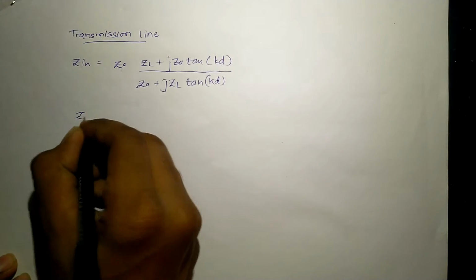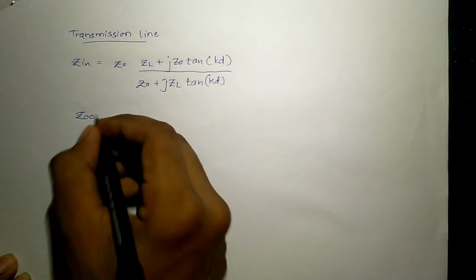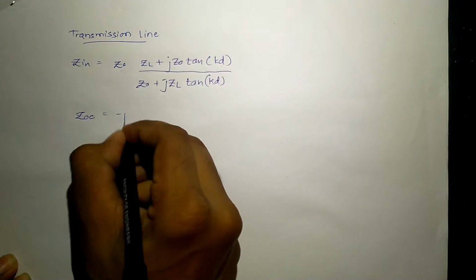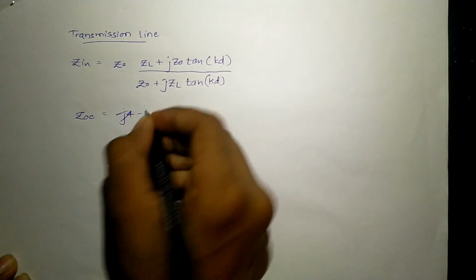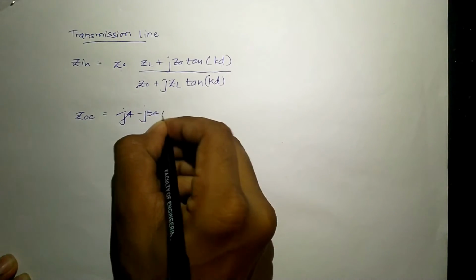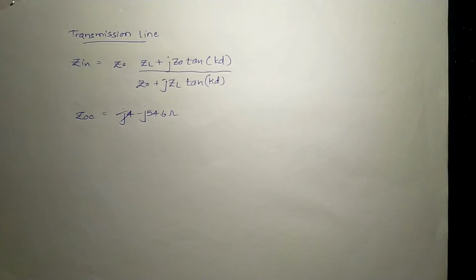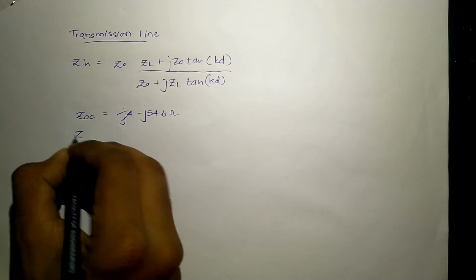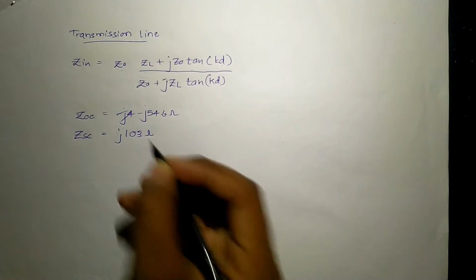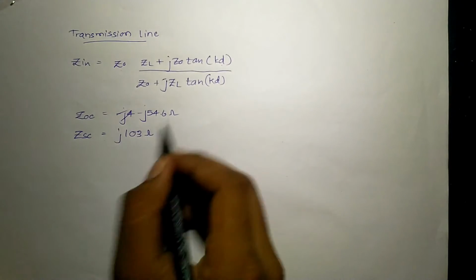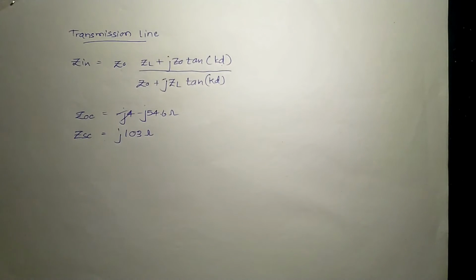Here the open circuit impedance is minus j54.6 ohms and the short circuit impedance is j103 ohms. These are the pieces of information we are getting from the question.